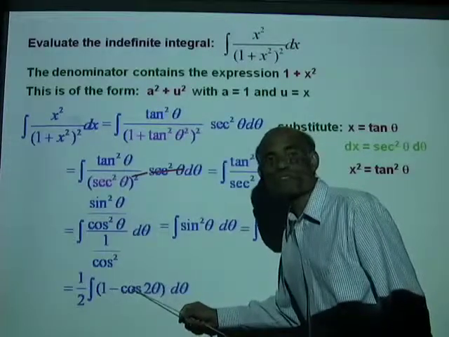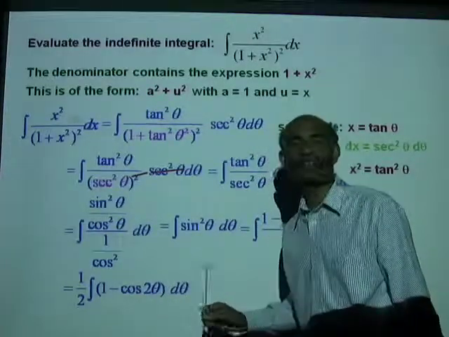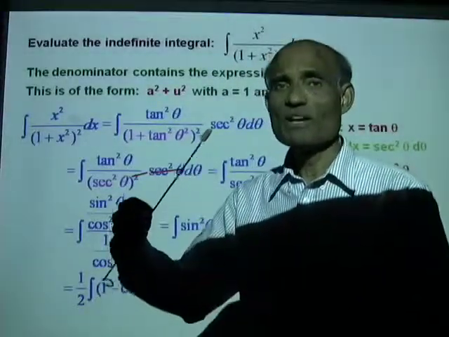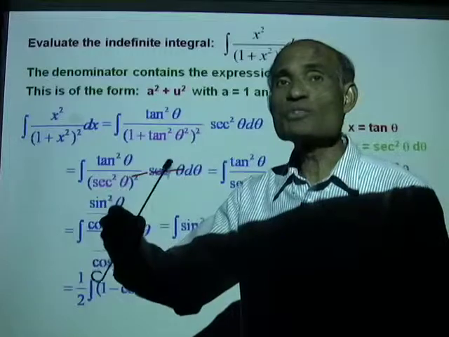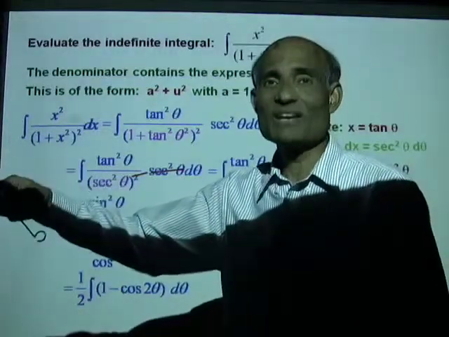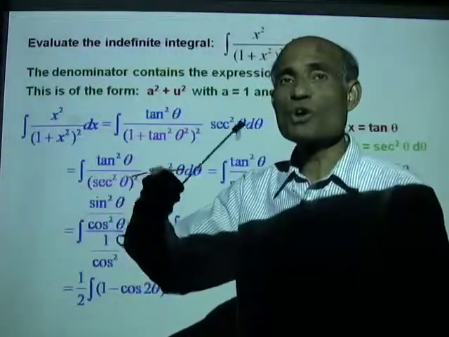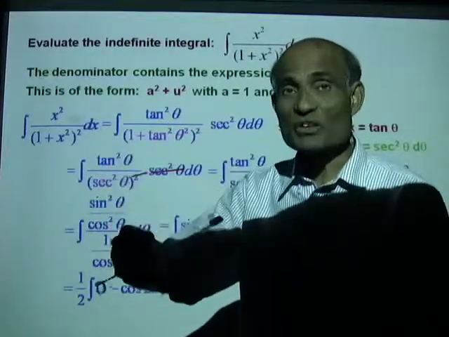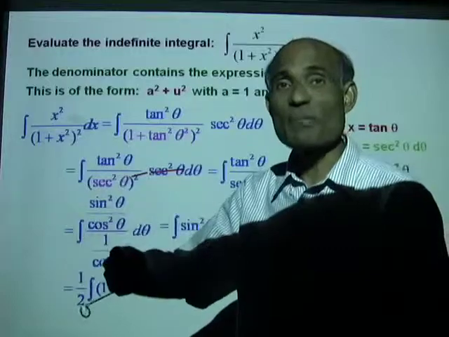Minus integral of cos 2 theta d theta is, well, I hope you remember, integral of cos theta d theta is sine theta. Integral of cos a theta d theta is sine of a theta divided by a.